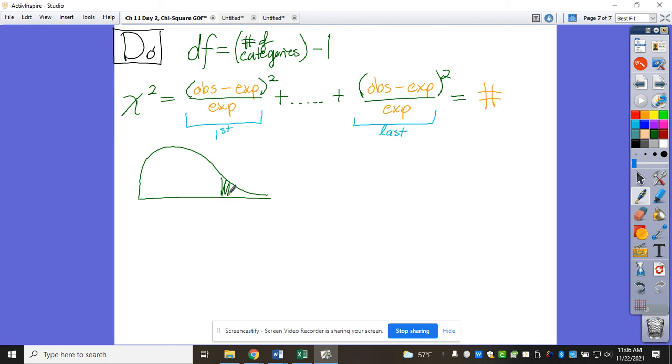It's going to be right skewed to some extent. I'm going to shade to the right. I don't really know where that line's going to be. And here's my chi-square test statistic number. I'm going to draw and shade, and I'm going to use that to get my p value.